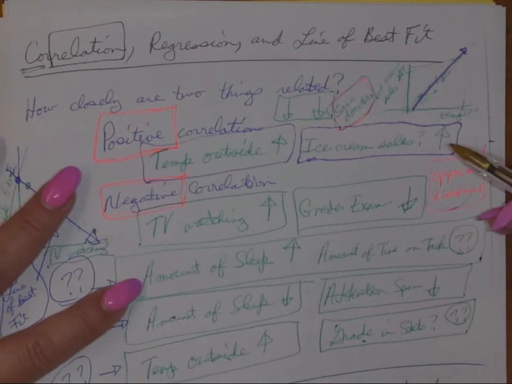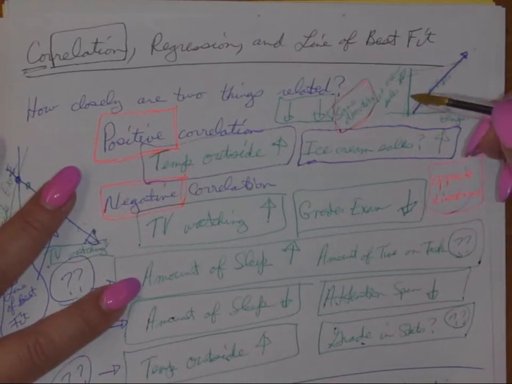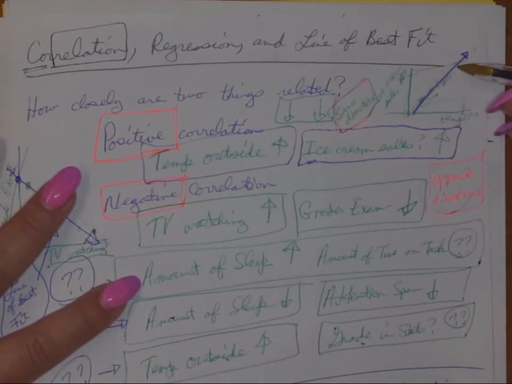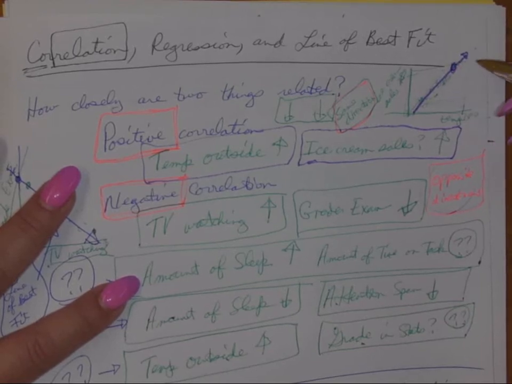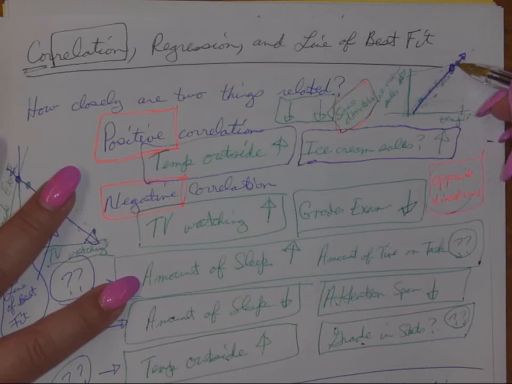Let's think about that. This was temperatures and ice cream sales. So if today was June 15th and it's supposed to be hotter tomorrow, then we might use our line of best fit to determine where I can put this for tomorrow. What about the day after? What about the day after?